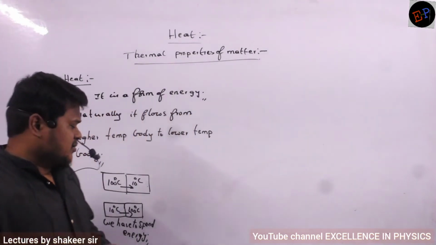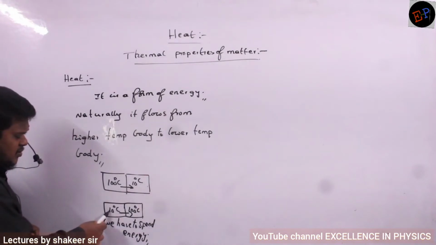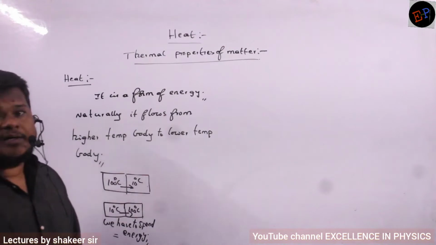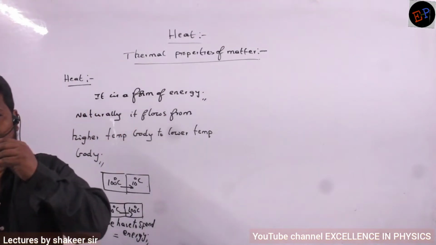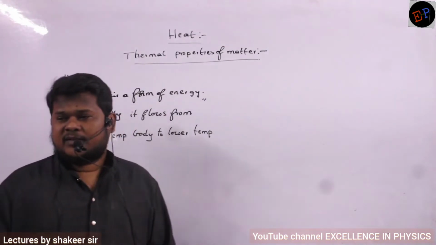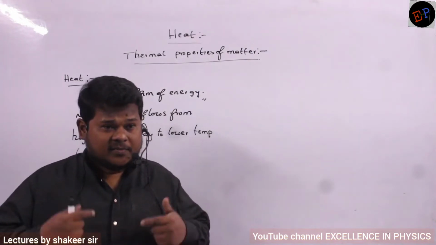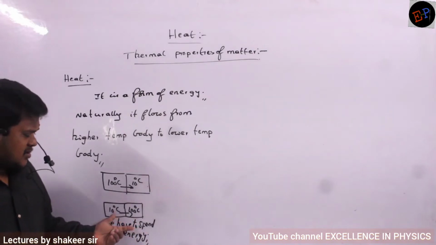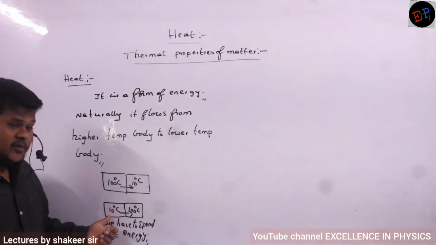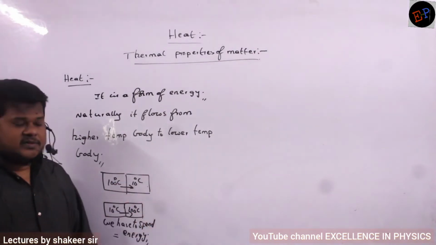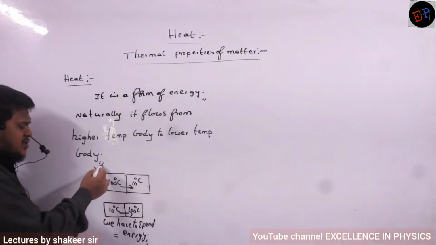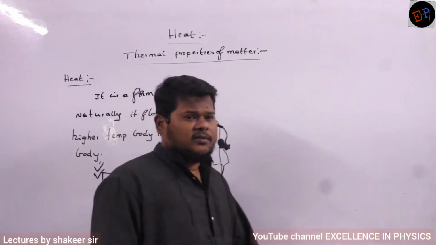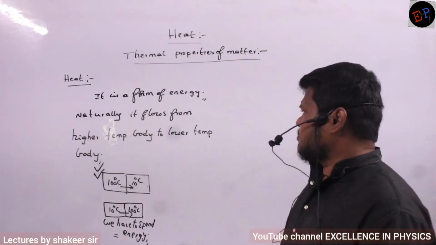To make heat travel from lower temperature to higher temperature, we have to spend some energy. Will a refrigerator work without any power source? Without a power source it will not work. We are supplying energy to make heat travel from lower to higher temperature. But in the natural condition you need not do any work. Heat naturally flows from a hotter body to a colder body. This is about heat.